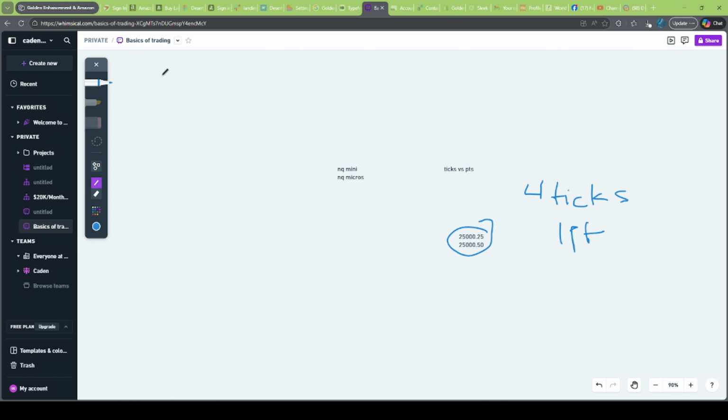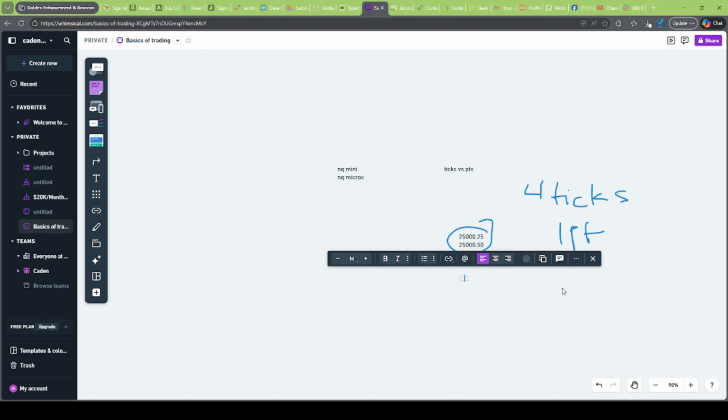Now, 1 point would just basically mean the price of the NASDAQ going from 25,000 to 25,001. That would be 1 point. Now, one tick and 1 point.